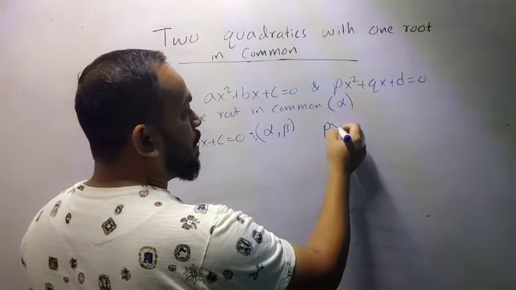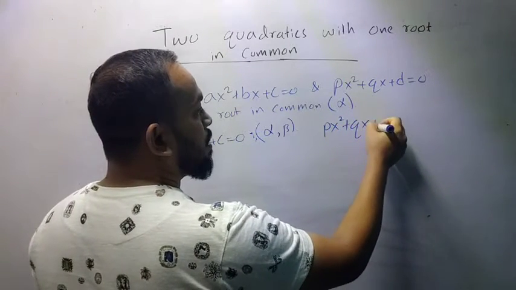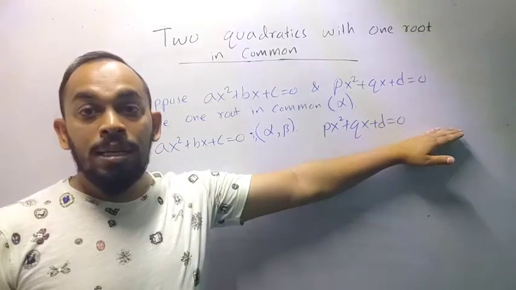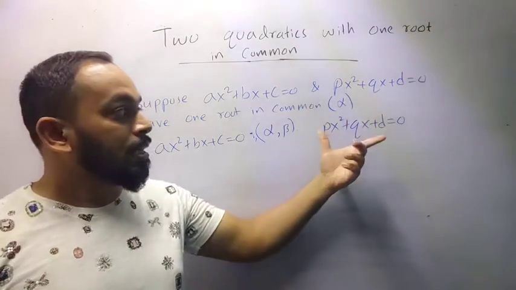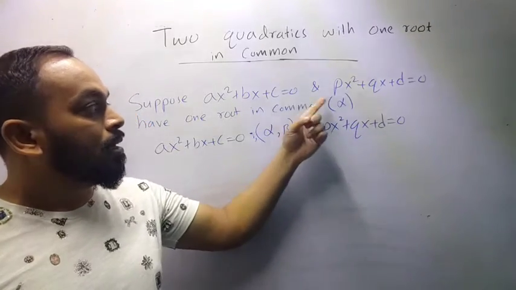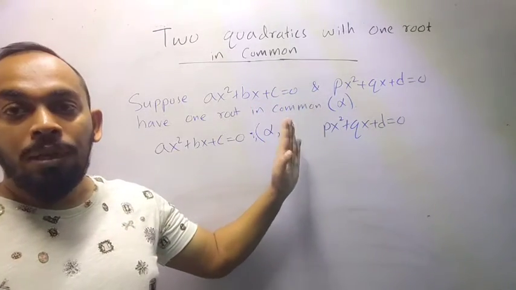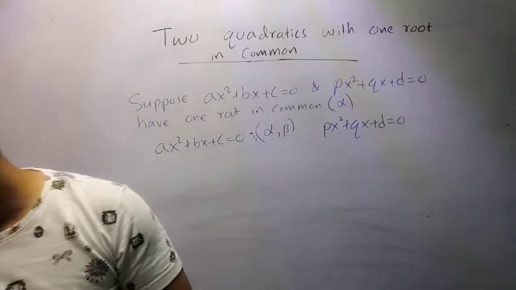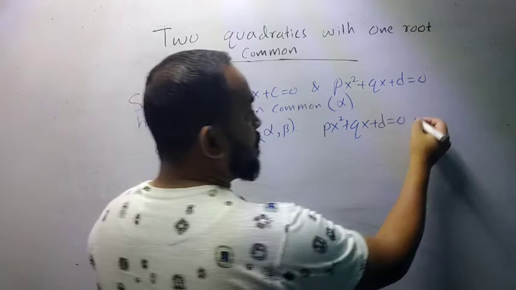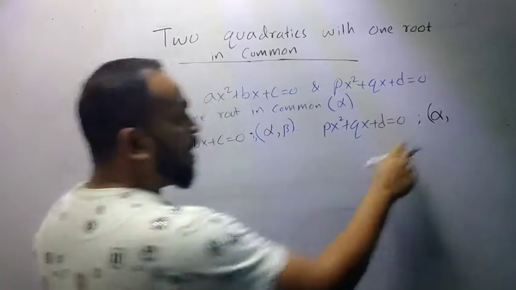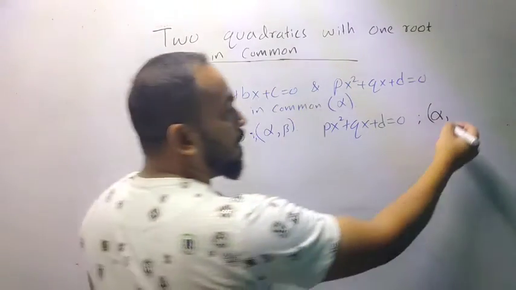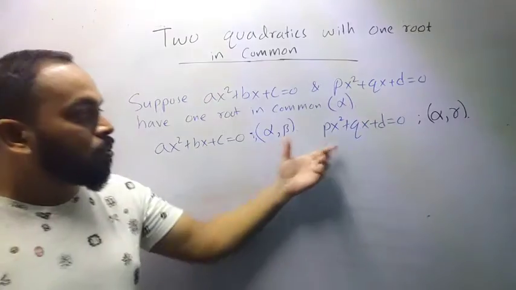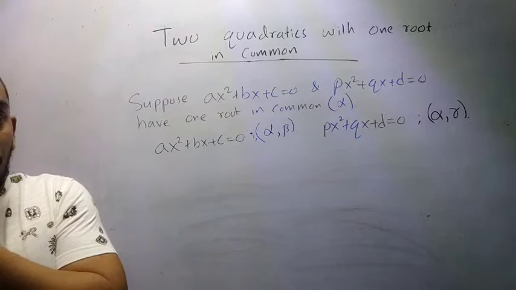And the other one, px squared plus qx plus d equals 0, also has two roots in general, and we stated that one root will be common to both, and that is alpha. So we should have alpha as one root and maybe another one called gamma. So you can see that alpha is the common root to both of these quadratic equations.